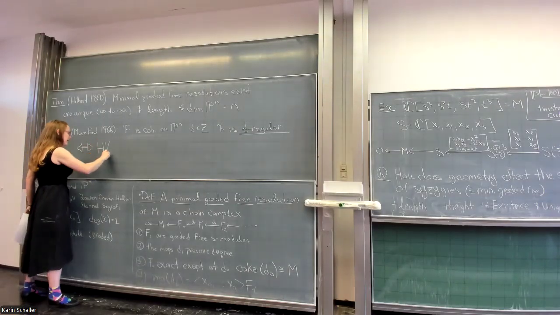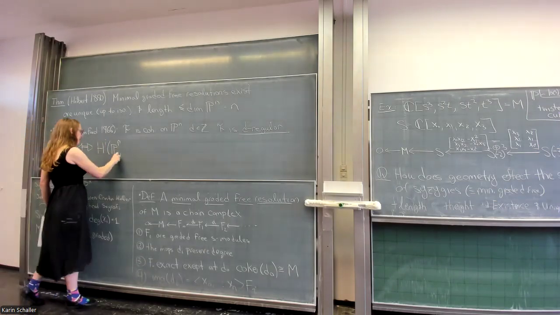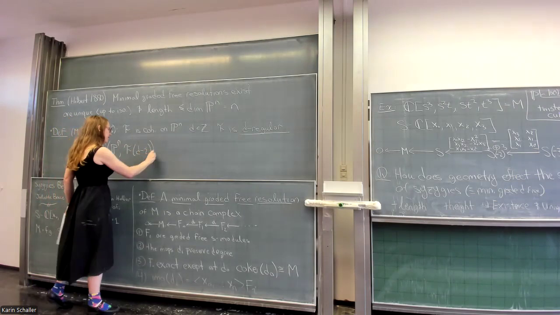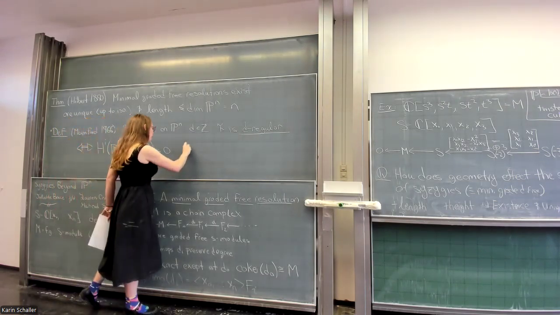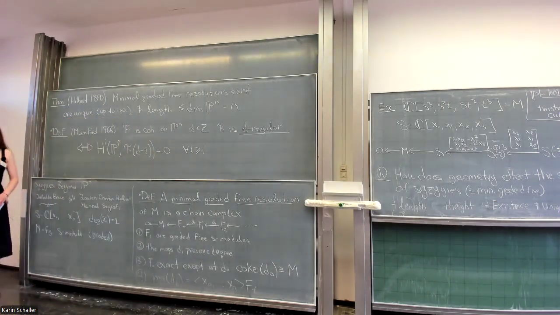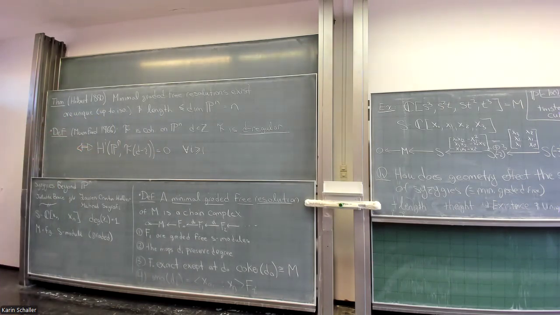everything was nice, and now it's about to be a little bit less nice. The i-th cohomology on P^n of F twisted by d minus i is 0 for all i greater than or equal to 1. Essentially it says we call something d-regular if d is a sufficiently high twist so that all the higher cohomology vanishes.